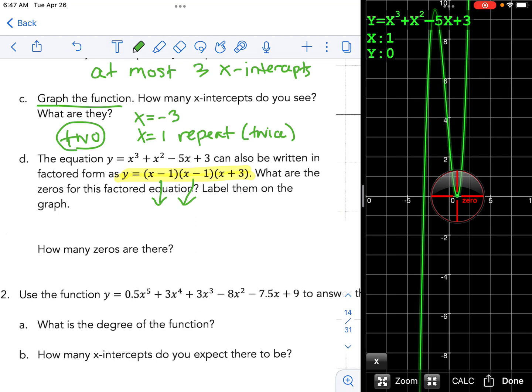Okay, so when we look at this factor x minus 1 and set it equal to 0 to find our zeros, we add 1 to both sides, and we get x equals 1. And then we can do the other unique factor, x plus 3, set it equal to 0, solve it, and we get x equals minus 3.